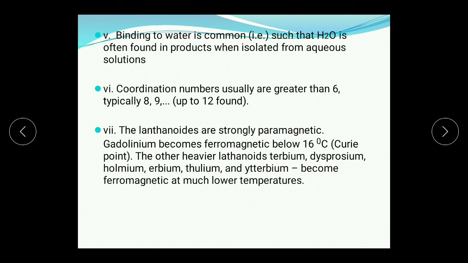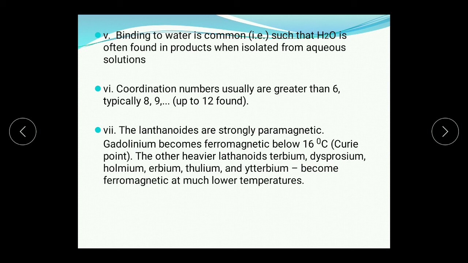That means the magnetism increases so much that it can permanently become a magnet. Again, heavier lanthanides like terbium, dysprosium, holmium, erbium, thulium, and ytterbium can also become ferromagnetic at much lower temperatures.